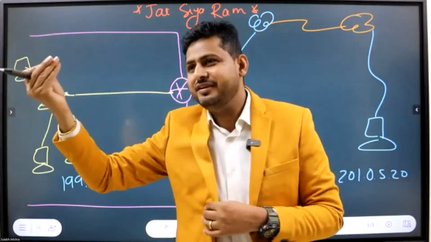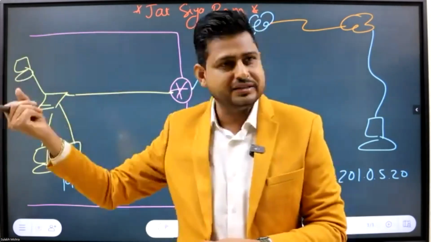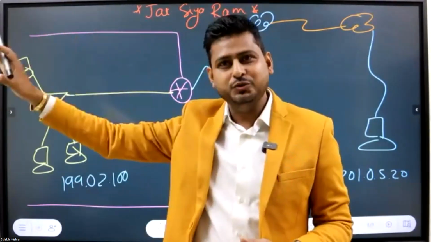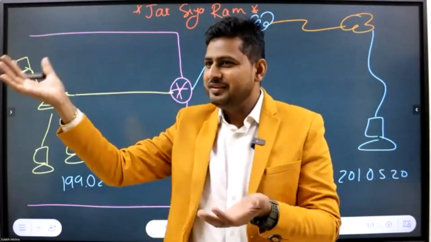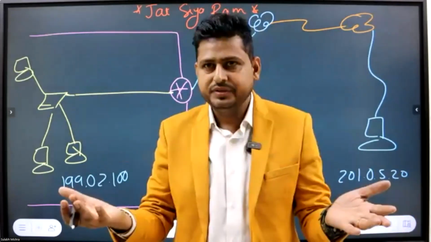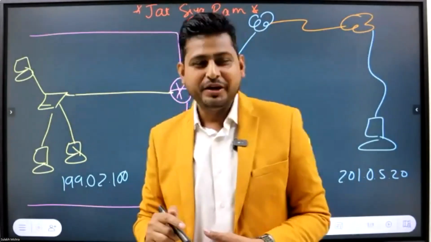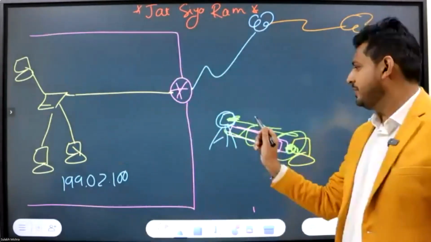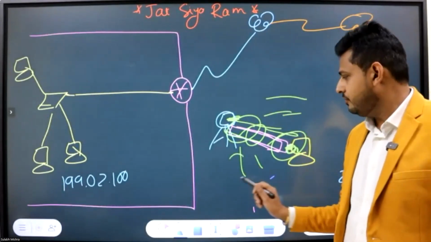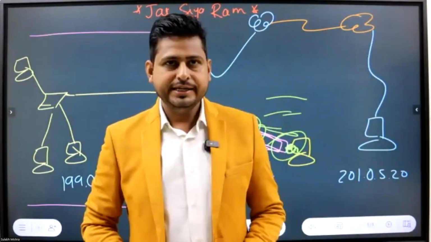That server has taken a less bandwidth connection from the internet, or it may be that multiple people are using it. That's the reason the bandwidth has been distributed among multiple people, so you're getting less bandwidth, isn't it? This bandwidth is a mismatch. If multiple people are taking connections, the flow of the water will be less. Yes, it will be slow, isn't it?